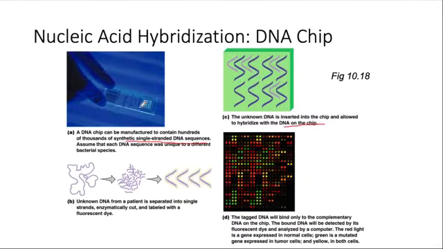Note that the unknown bacterial DNA has to be cut using restriction enzymes and labeled using a fluorescent dye before it's introduced onto the chip.